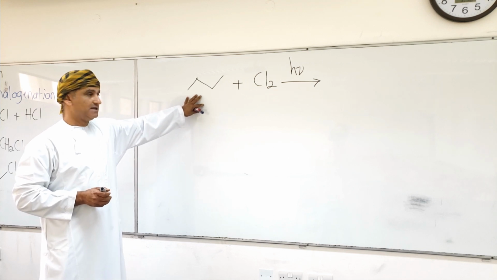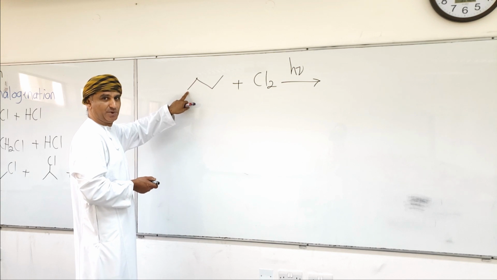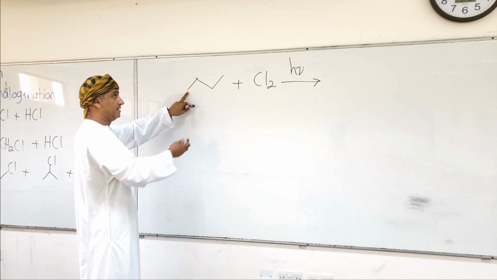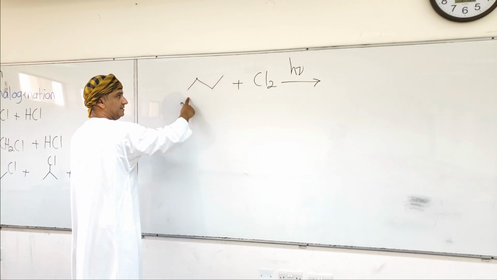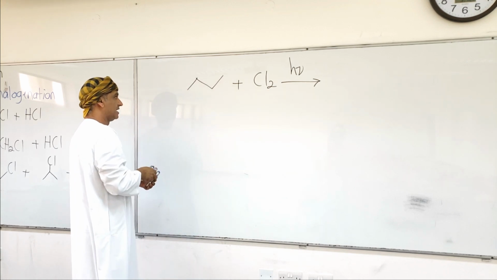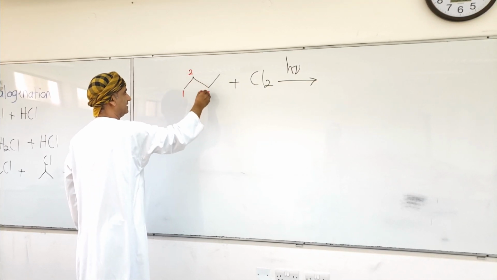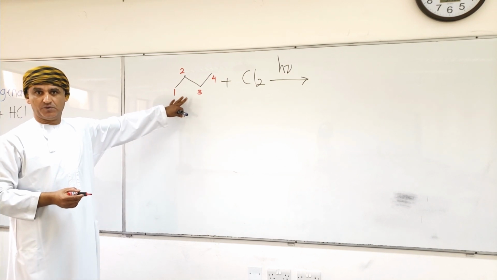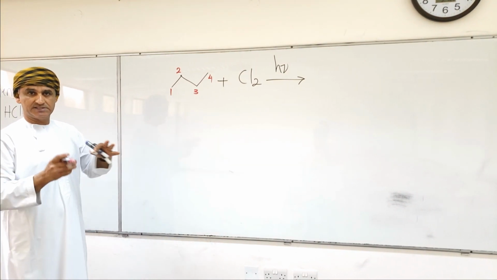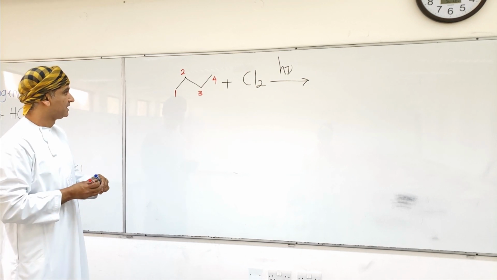Butane has 2 hydrogen types. The 3 hydrogens on carbon 1 and the 3 hydrogens on carbon 4 are the same. So let's number it: 1, 2, 3, 4. The hydrogens on carbon 1 and carbon 4 are exactly the same. The number of hydrogens in that case is 6, so this is 1 type.